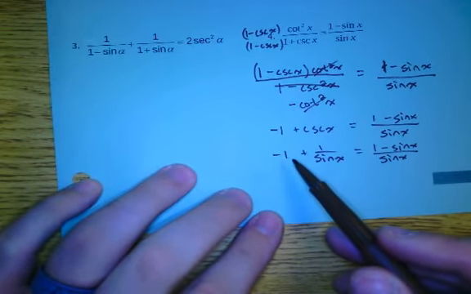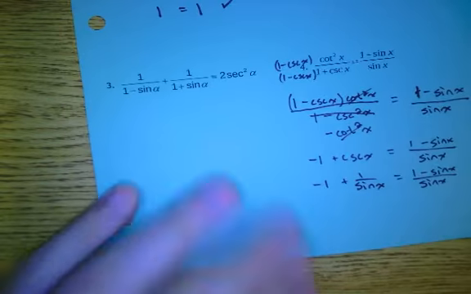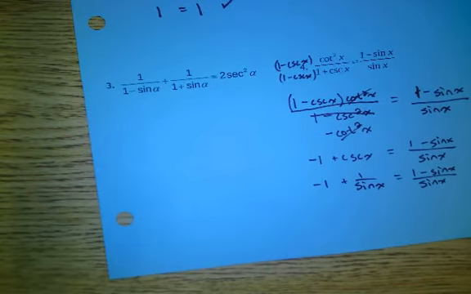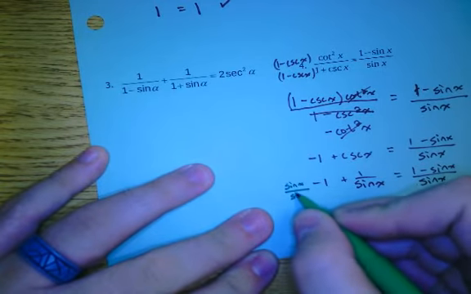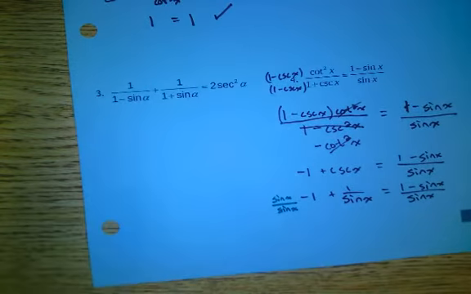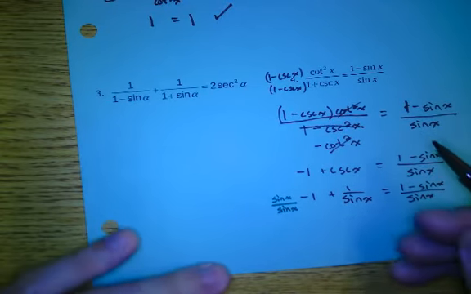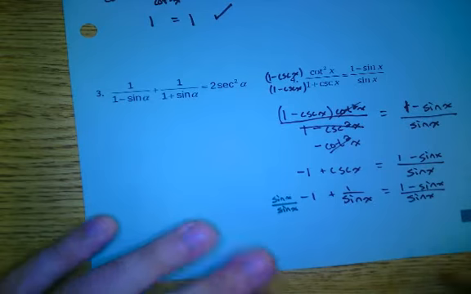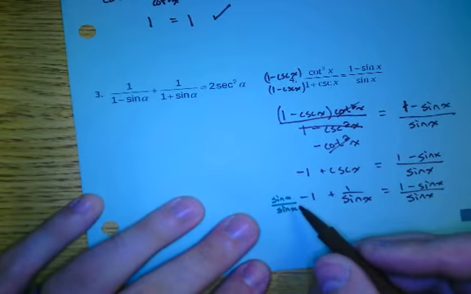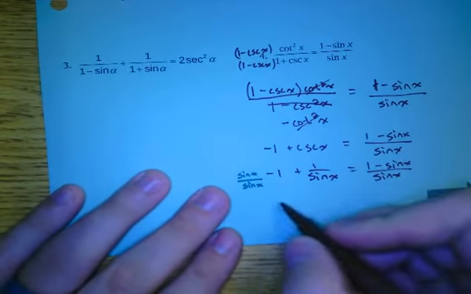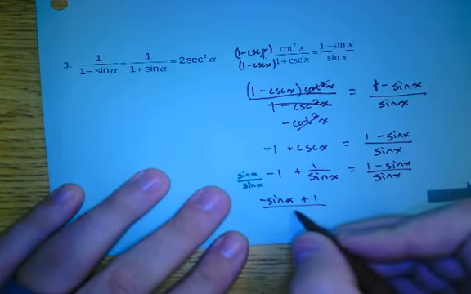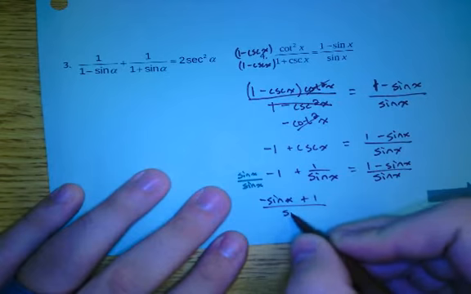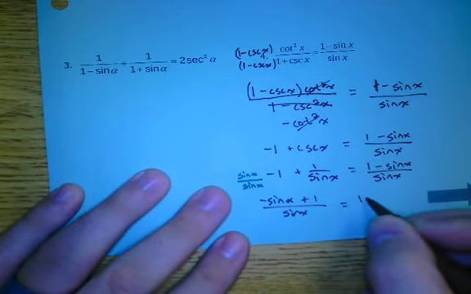Now I need to get common denominators, so I'm going to multiply this one by sine. I multiply this, and I get negative sine x plus 1 all over sine x. I'm just combining it.